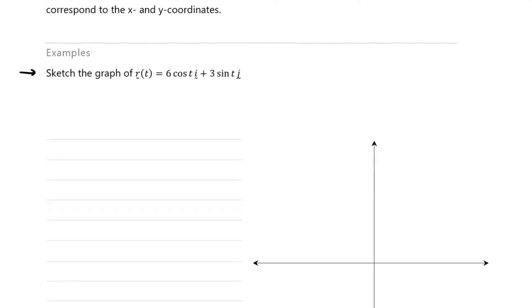We're going to sketch the graph of this. We've got r as a function of t equals 6 cos t i plus 3 sin t j. So this is our x as a function of t, and this is our y as a function of t. So x of t was 6 cos t.